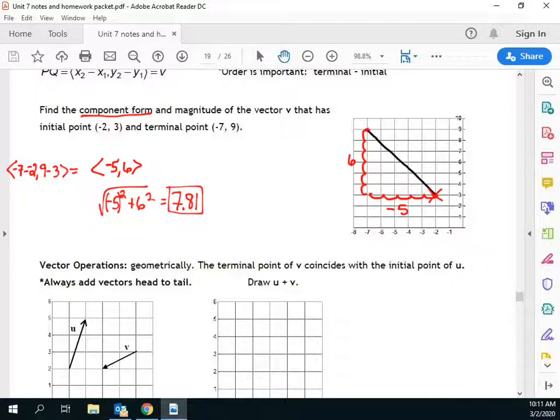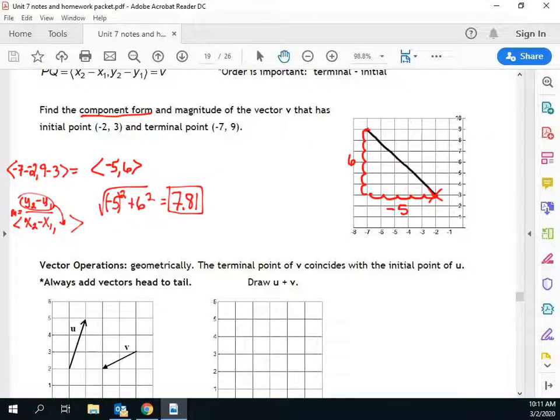Does that sound familiar? This should all be very familiar to you, because those are the equations you use in order to find slope. Except now all we're doing is taking the difference of x's, comma, difference of y's, and putting some fancy little brackets on the side.